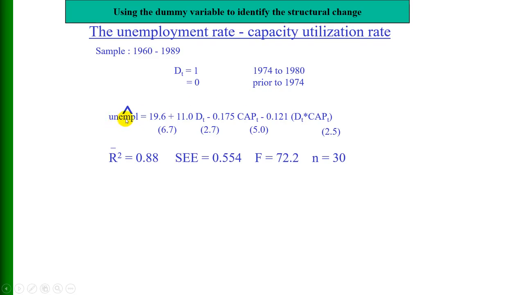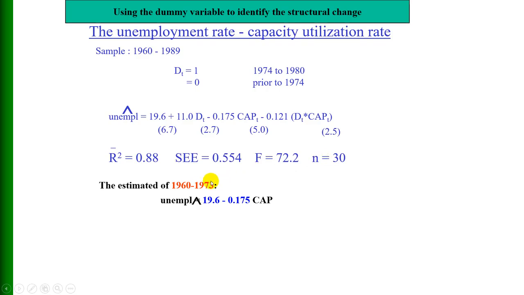So estimated unemployment is equal to 19.6 plus 11.0 dt minus 0.175 capacity utilization rate minus 0.121 the multiplication of dt with the capacity utilization rate. This is the adjusted R-square, this is the standard error of estimate, and this is equal to 0.554. This is F, that is 72.2, and the number of observations is 30.